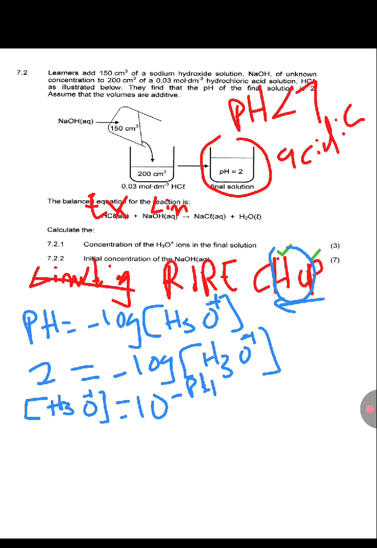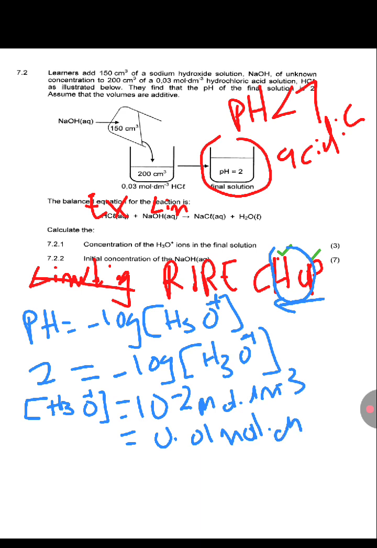But we know what our pH is. In this case, what is our pH? Our pH is 2. Right, you write mole per cubic decimeters. And this is the same as 0.01 mole per cubic decimeter.